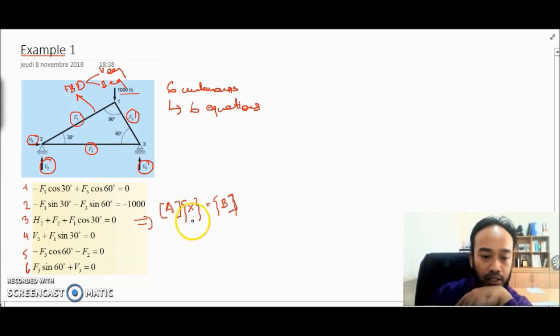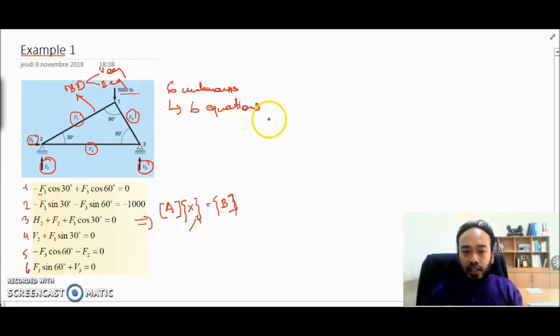So now what is our X? The easiest way is to start with our X. The X are our unknowns: F1, F2, F3, H2, V2, V3. They are all in these equations. You can find F1 over here, F2, F3, H2, V2, and V3.